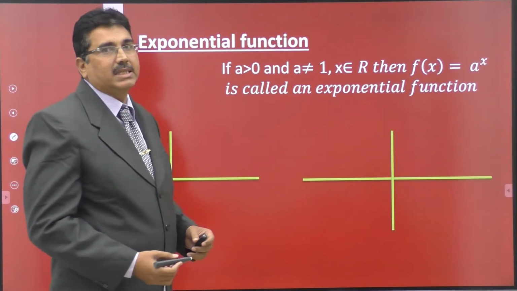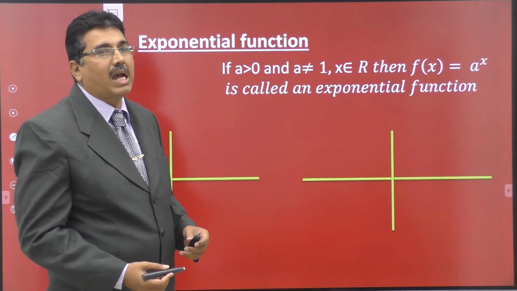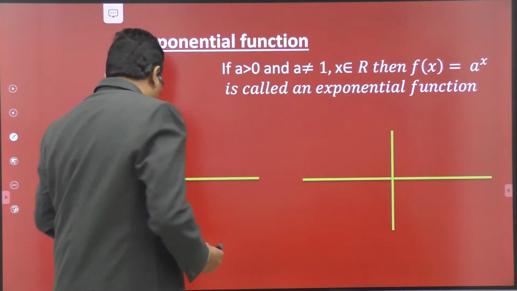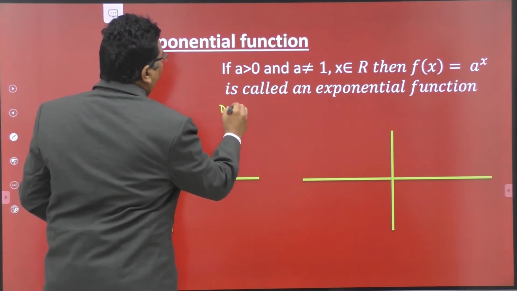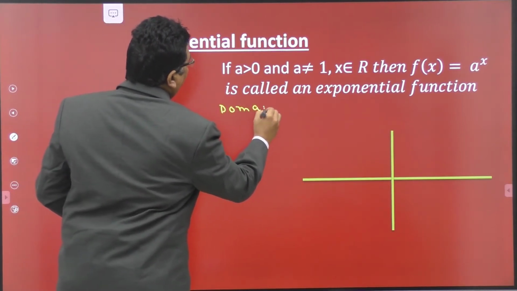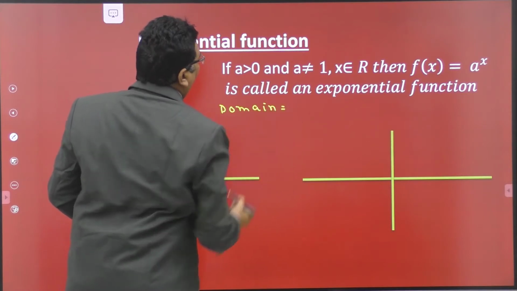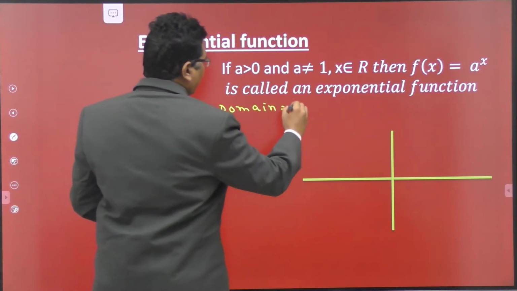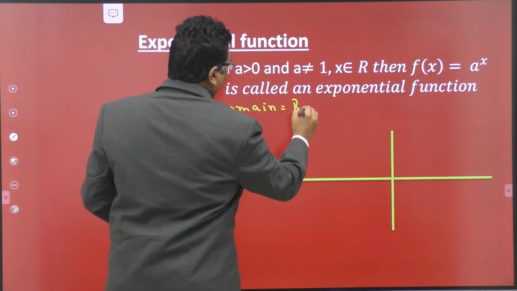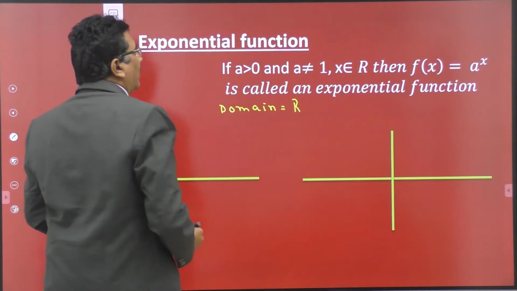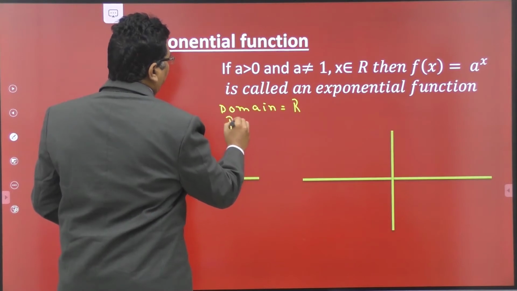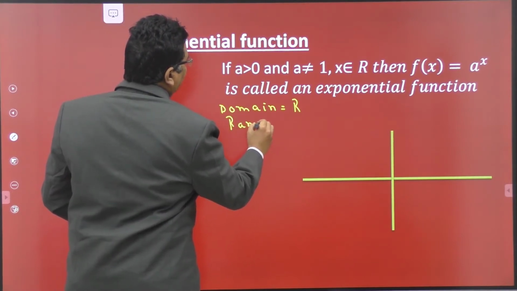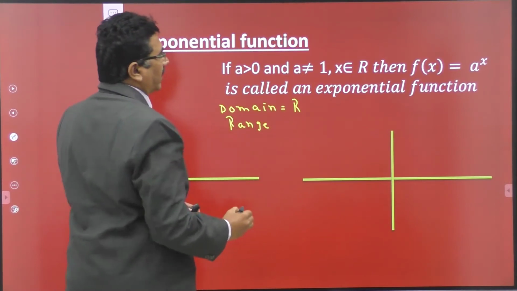Now, what is the domain of an exponential function? The domain of an exponential function is the set of all real numbers. Now, what is the range of an exponential function?